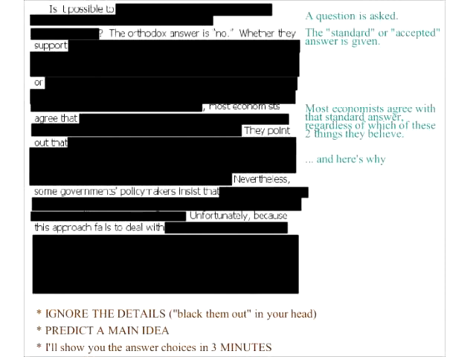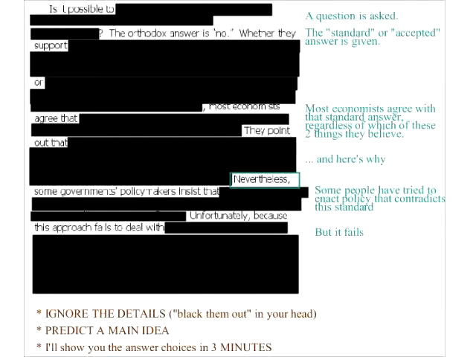Nevertheless, some governments, policymakers insist that. So nevertheless indicates that something must be going against this. So some people have tried to enact policy that contradicts this standard, but it fails.